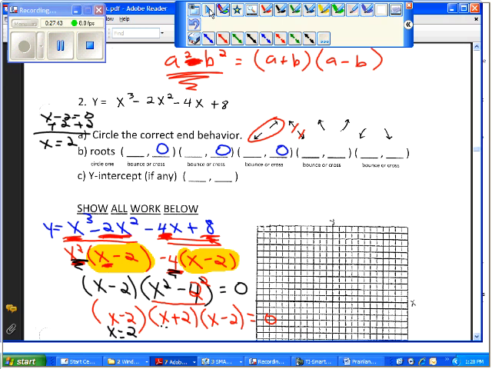So if the factor is x plus 2, what's the root? x equals negative 2. If the factor is x minus 2, what's the root? x equals 2. So my roots are x equals 2, x equals negative 2, x equals 2.